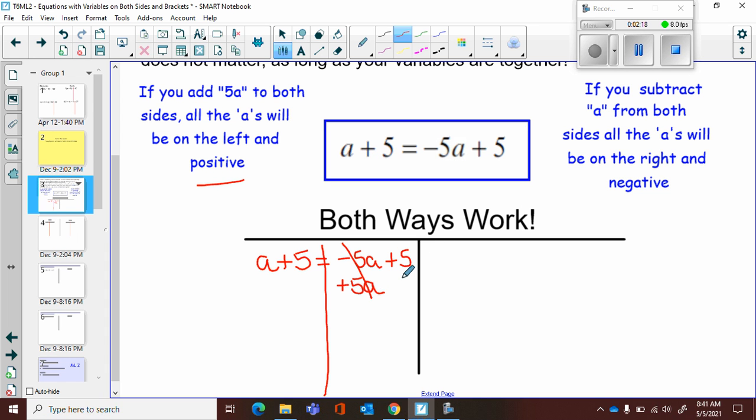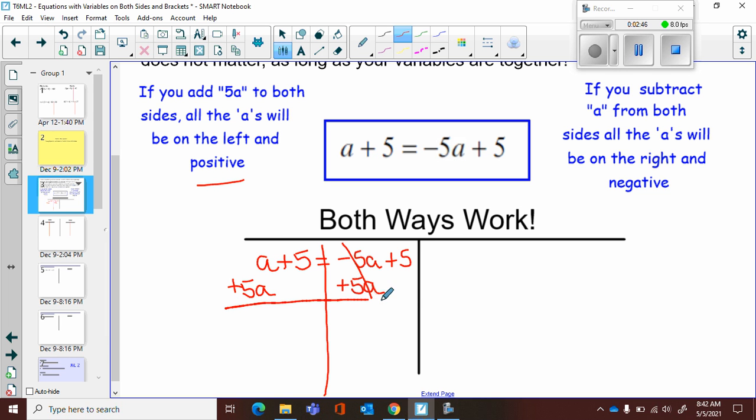You'll remember that from our unit on polynomials, how we can combine terms that have the same variable and same degree. So a negative 5a and a positive 5a cancel out to 0. So when we do that, we have to do it to the other side. So it essentially moves this 5a over to the other side so that it can be with the other a.